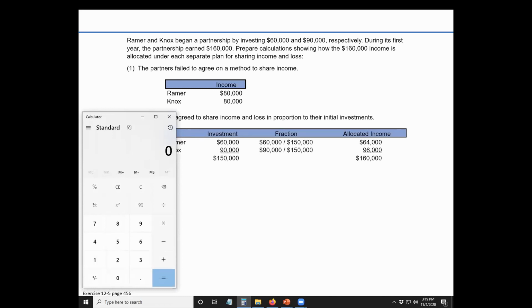And so you could take the 160,000 and multiply that by 0.6, which would get you the same answer of 96,000. So that's how you would do it based upon how much they invested.